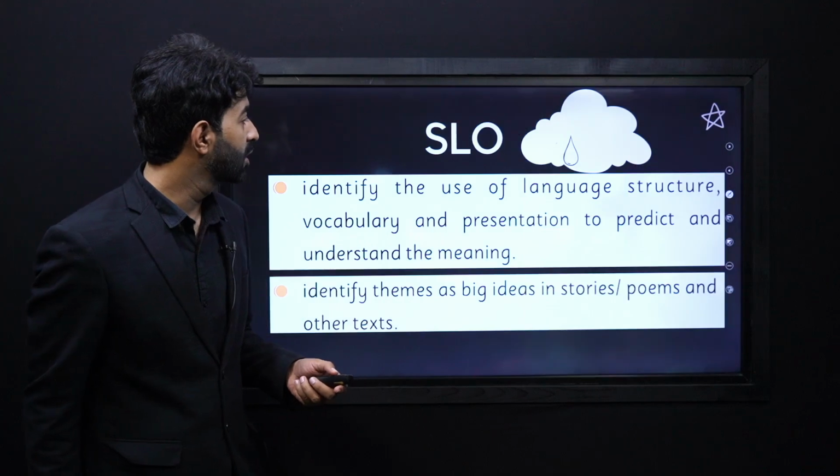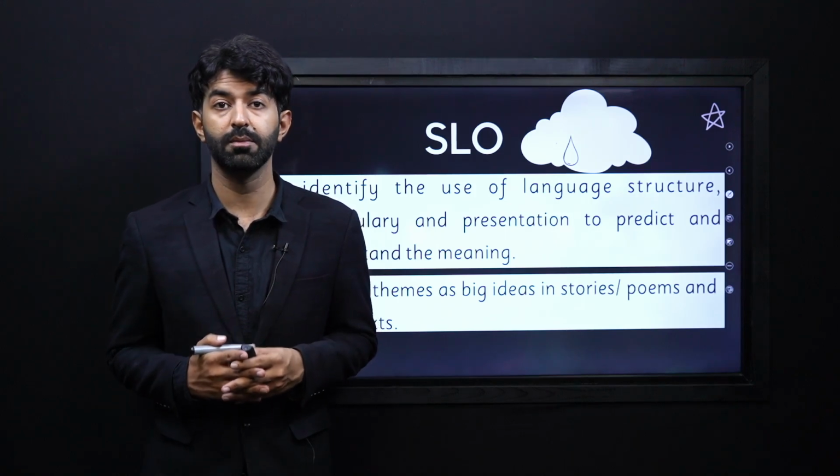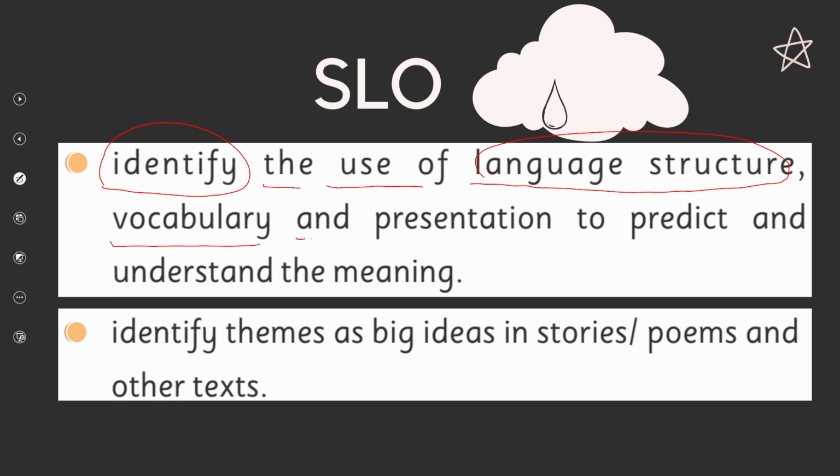Now let's talk about our students learning outcome and see how we are going to achieve it by the end of our lesson. So our students learning outcome is: identify the use of language structure, vocabulary, and presentation to predict and understand the meaning. So this SLO is specifically about predicting and understanding the meaning of any text that we are studying.